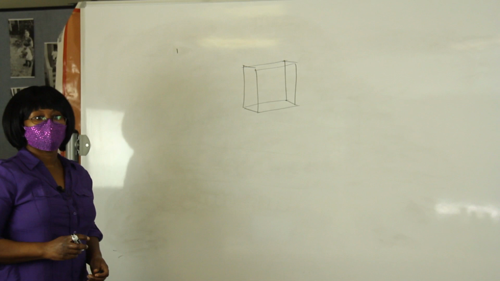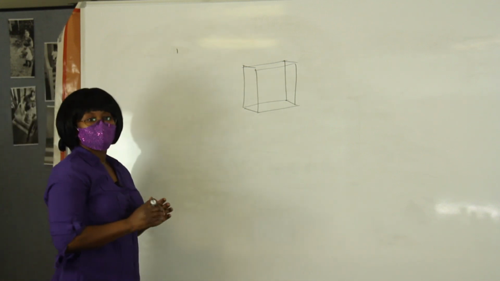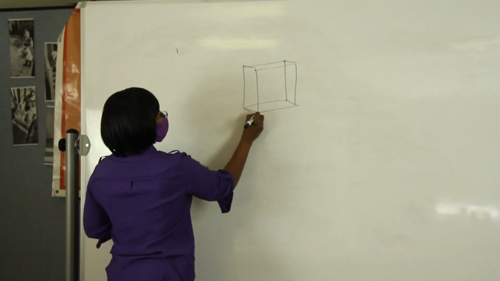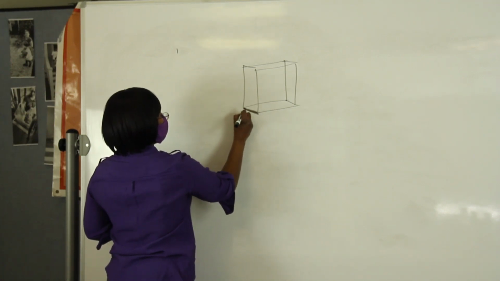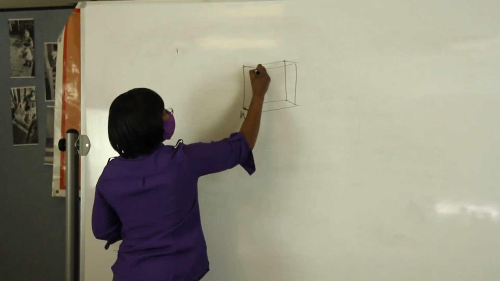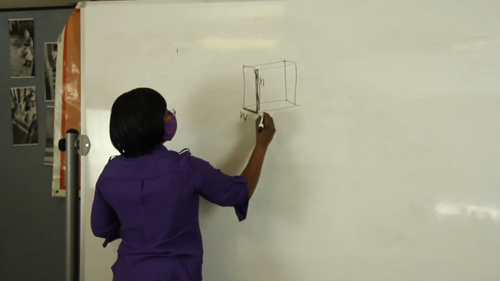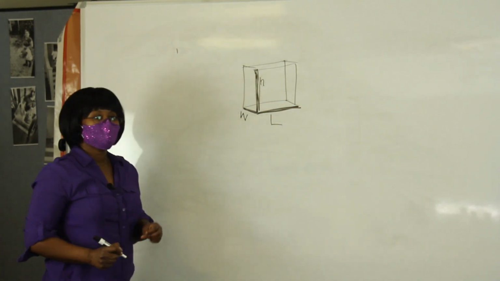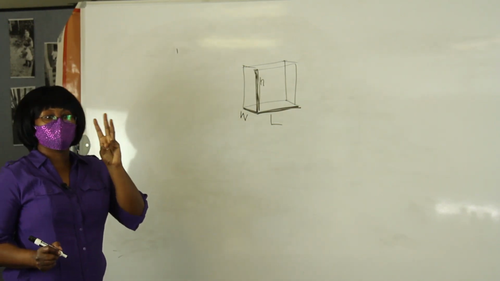Okay, that's okay. So let's just stick with all of the sides being the same. So this side here is going to be your width. This is going to be your height. So I'm just going to put it right here. And this is going to be your length, because now we have 3 different dimensions.